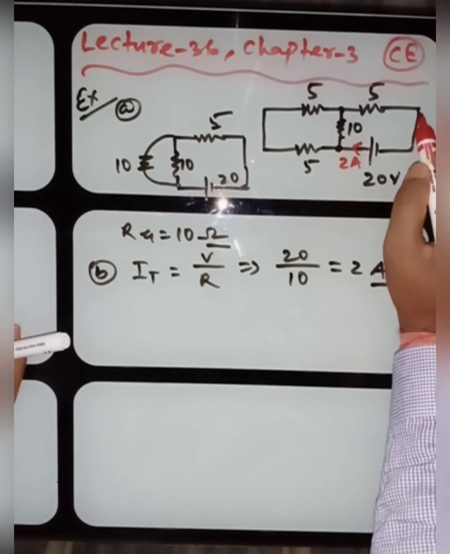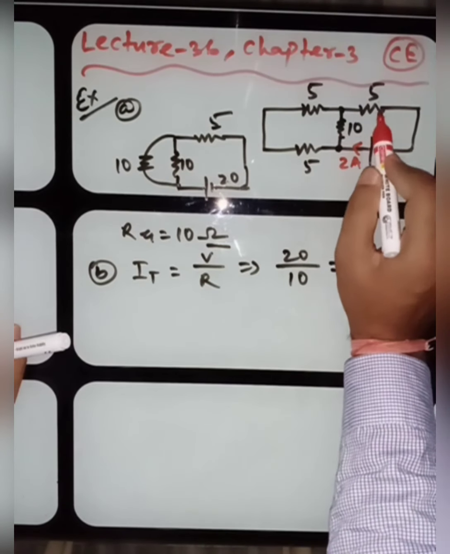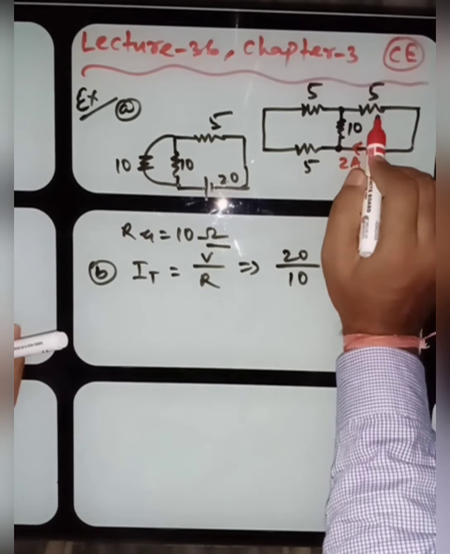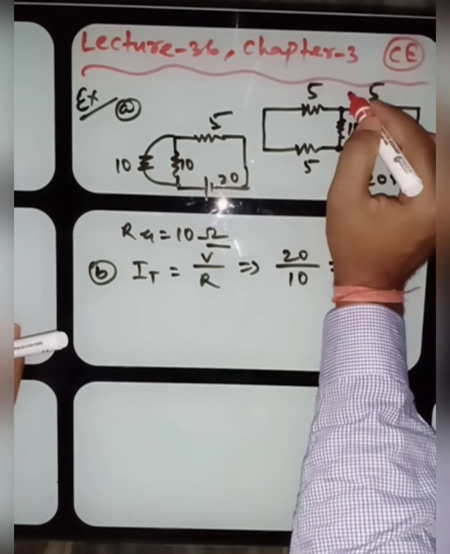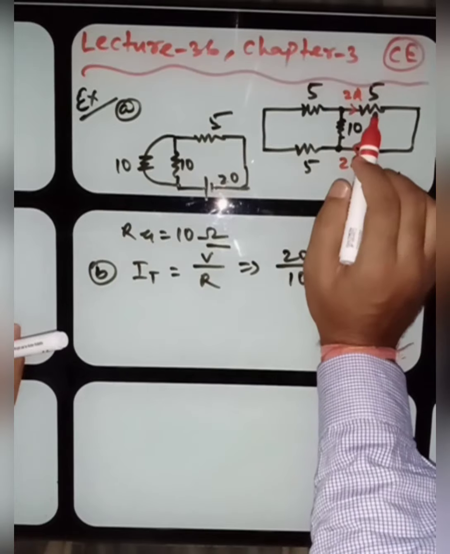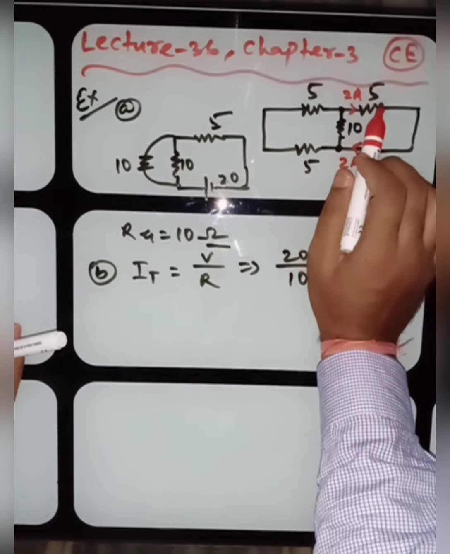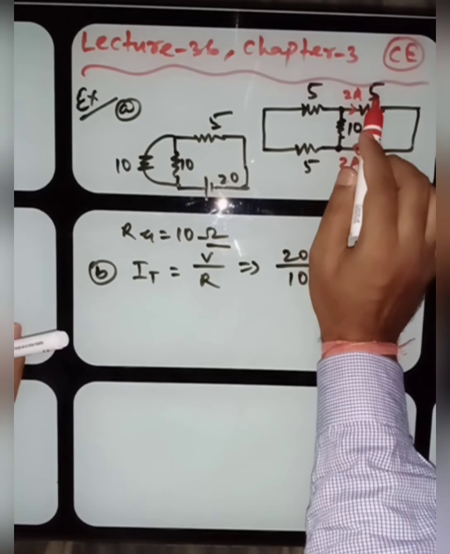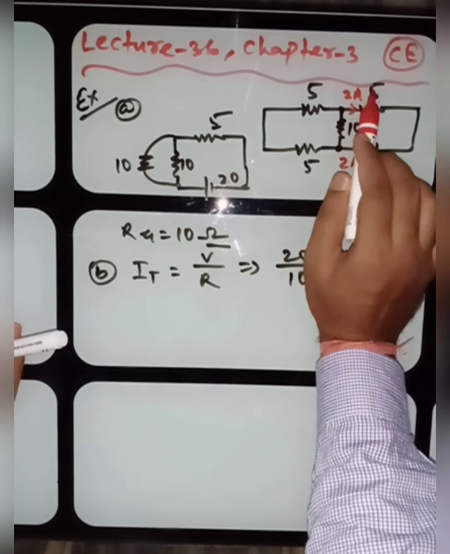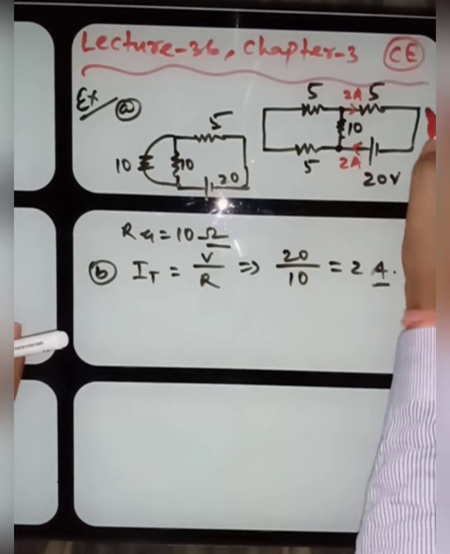It means it is connected with one resistor, so this resistor will receive 2 ampere. If 2 ampere current is moving from here, then what will be the voltage drop over here? The voltage drop will be V equals IR, it is 2 times 5, it is 10 volt.